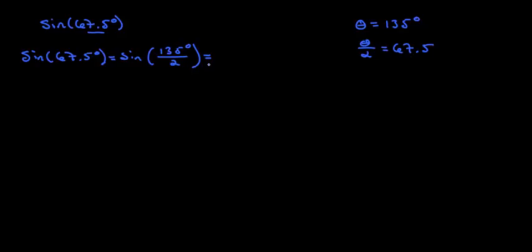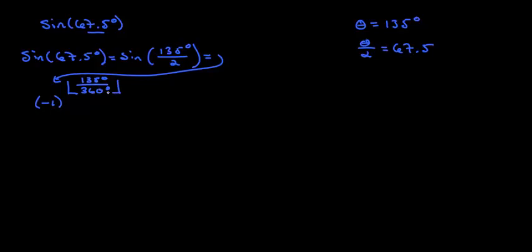So that's going to give us the following. The sine of that half angle is going to be equal to, I'm going to write it down here so that I have more room, negative 1 raised to the floor function of the angle theta, so this angle up here, 135, divided by 2 pi, which is 360.